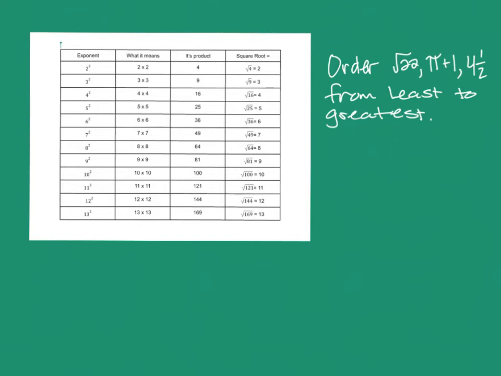So as an example, they gave us to order the numbers square root of 22, pi plus 1, and 4.5 from least to greatest. Okay, well, some of that's easy. I can mark it right on a number line right away, and some of it's going to need a little bit of work using my handy dandy tool.